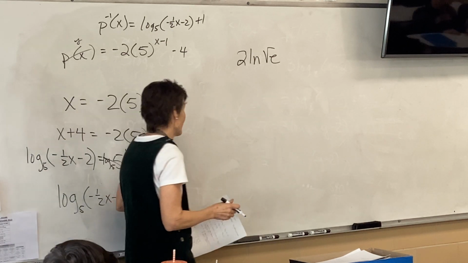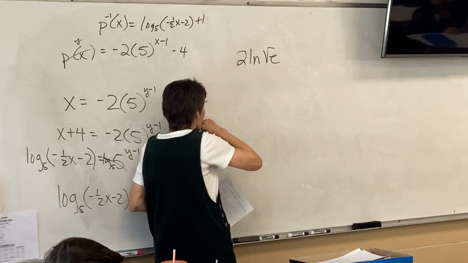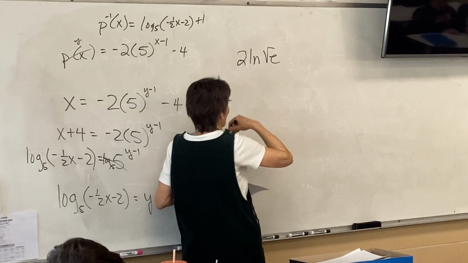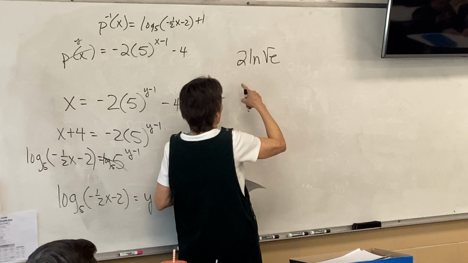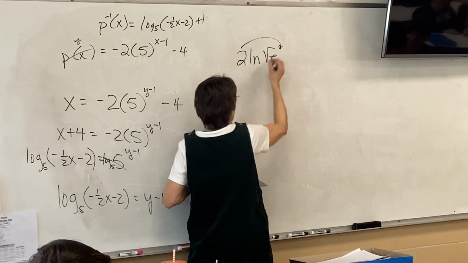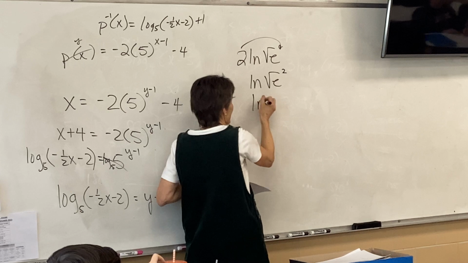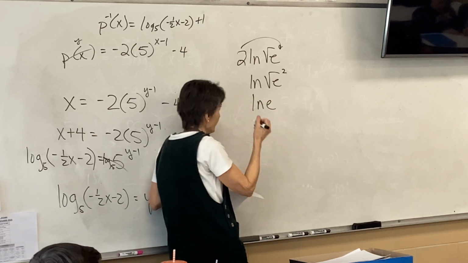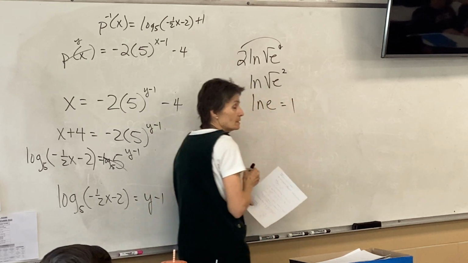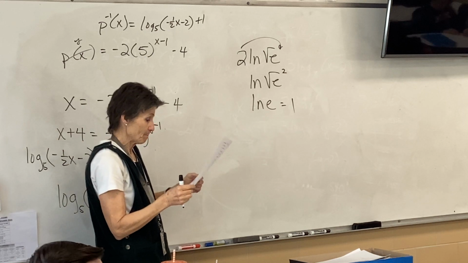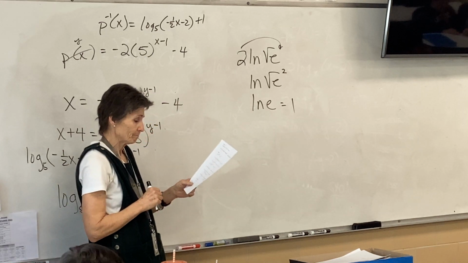It's just one. Very, very good. There's lots of different ways you can slice this. One is you can make this an exponent, so it's ln root e squared, which would just be ln e, and ln e is 1. Yep, perfect.